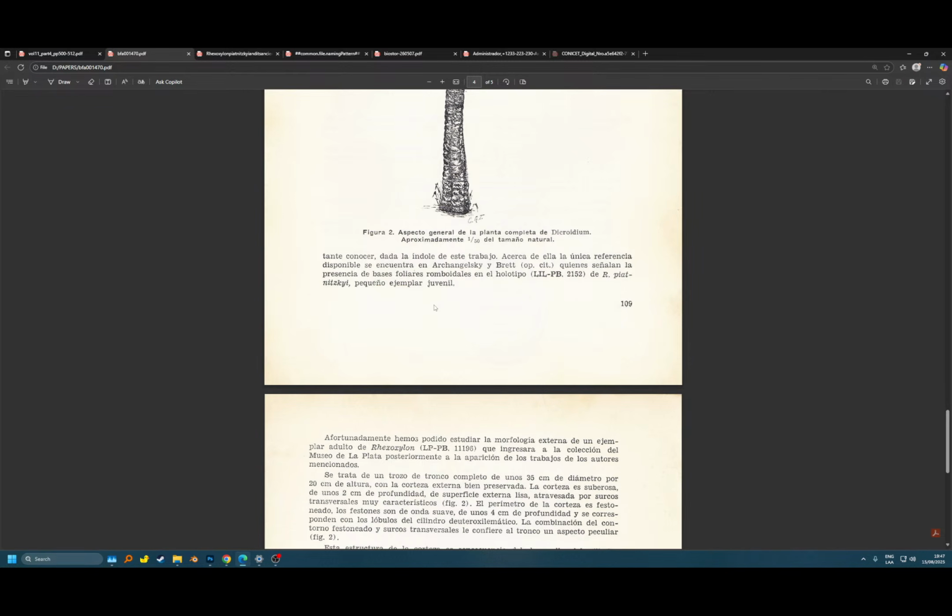I think it's just a younger branch, but not necessarily a young plant. If you have a piece of stem with rhomboidal scarring, that does not mean that you can extrapolate and just say, okay, the mature plant was like a big cycad-like plant.